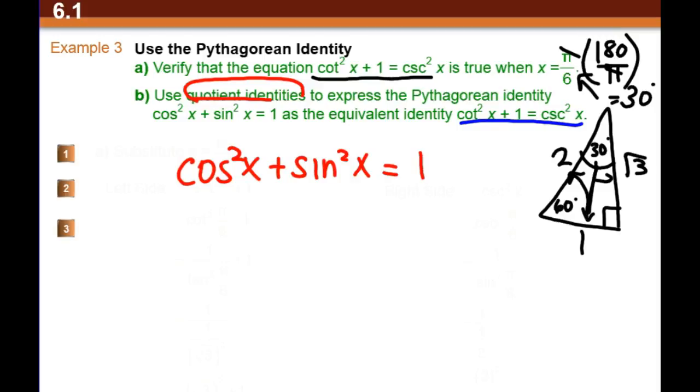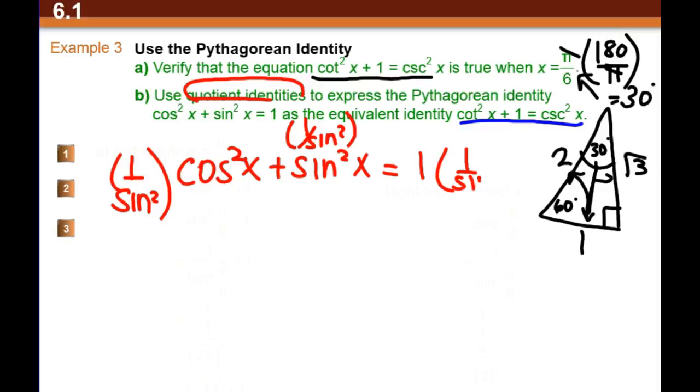To manipulate this equation, if cosecant is equal to 1 over sine, you can say that cosecant squared is equal to 1 over sine squared. So let's multiply each of these pieces by 1 over sine squared. I'm choosing that because we have a cosecant squared in the target, and we need to bring it in because we're trying to change the equation to that.